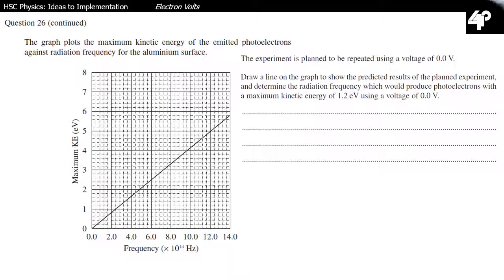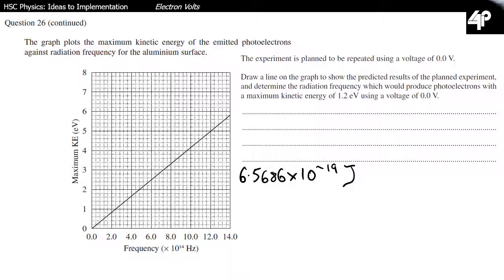The first thing that we need to think about here is our initial voltage of 4.1 volts and what energy that represented. If you recall, that means that at 4.1 volts we were meeting the work function, and 4.1 volts corresponded to an energy of, was it, 6.566 times 10 to the negative 19 joules.